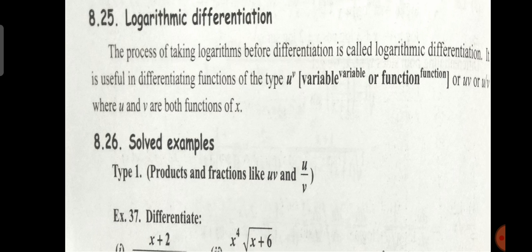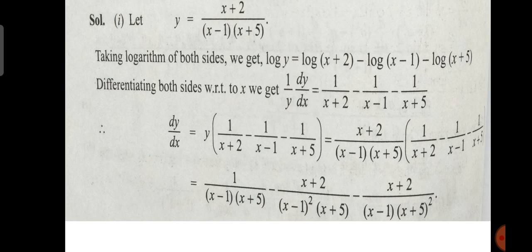For products and fractions like uv and u by v, you can use this. For example, y equals x plus 2 by x minus 1 into x plus 5. Then you can take the logarithm.